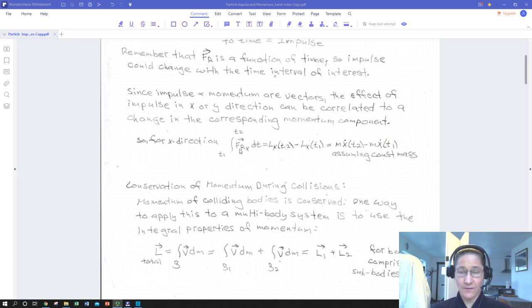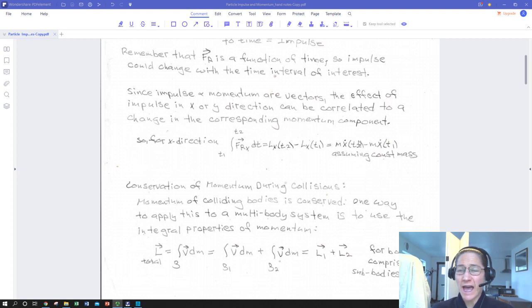Say we've taken that from our free body diagram. Maybe we have a function for it. We're going to integrate it from one time to the other, and we should be able to find our initial and final momentums, or the difference between those, as the result of the integral. Momentums linear and in the x direction.